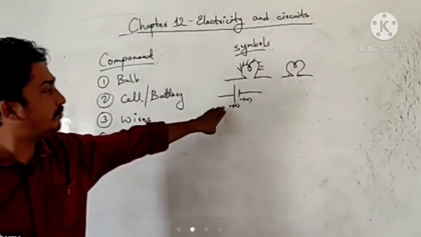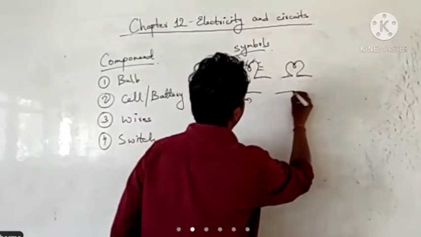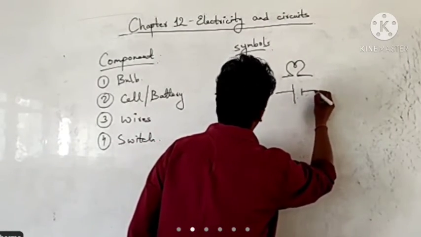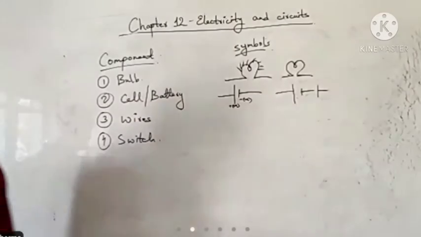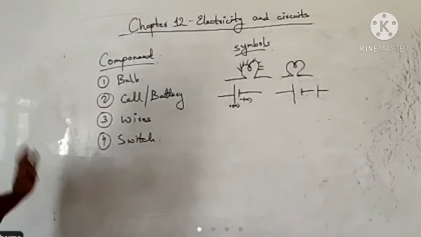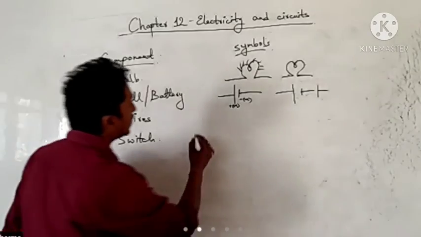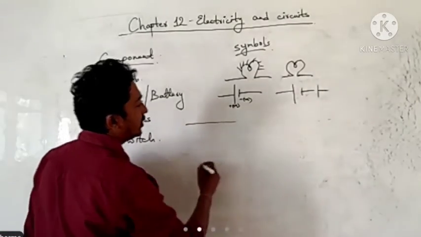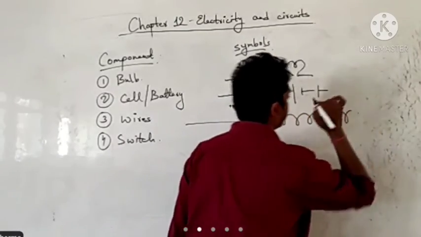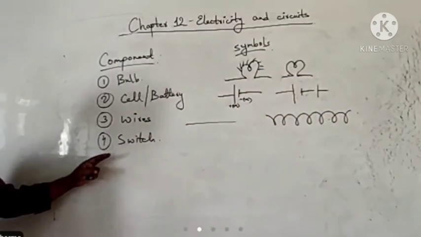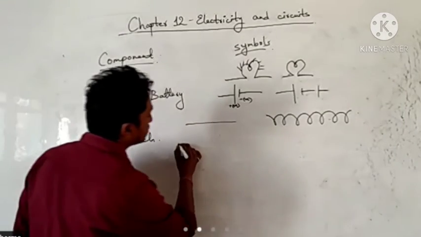But if we have more than one cell, it will be like this. Got it? Then we have wires. Wires we can put like this, the symbol of a wire in a straight line, or we can just coil it. Then the switch, we can make like this.